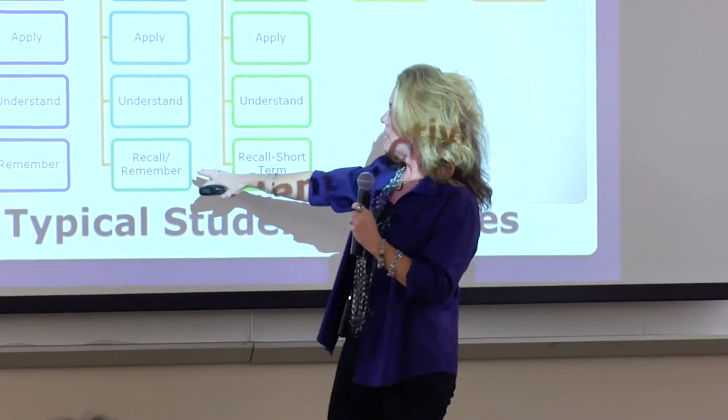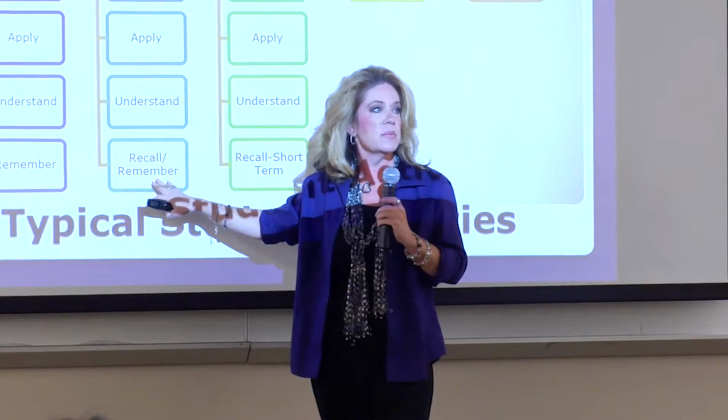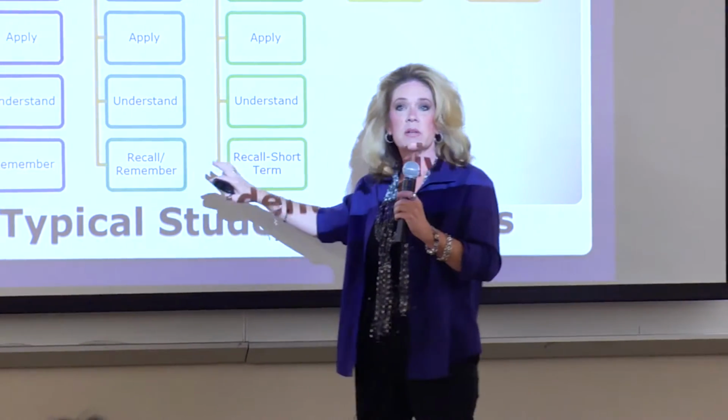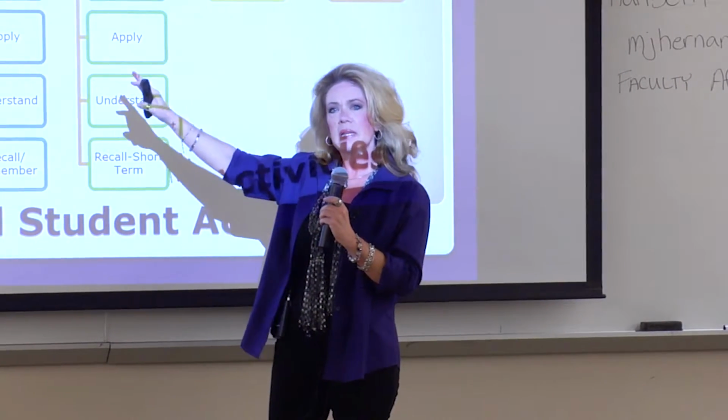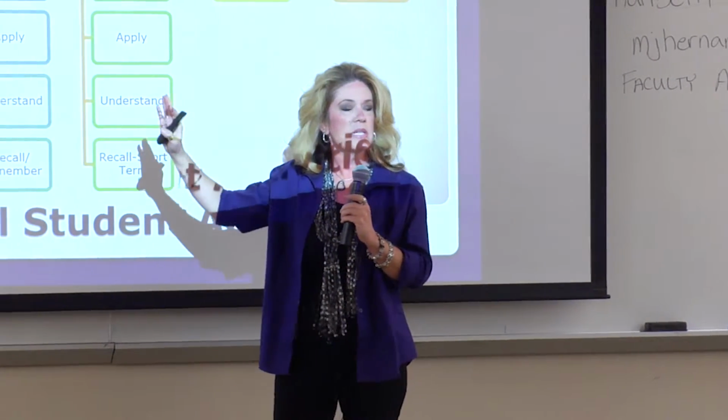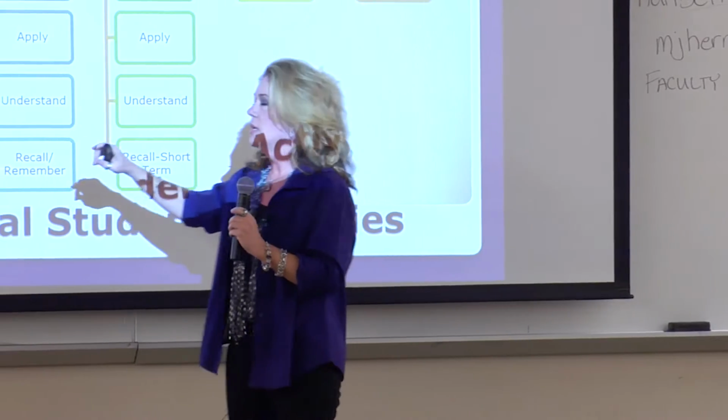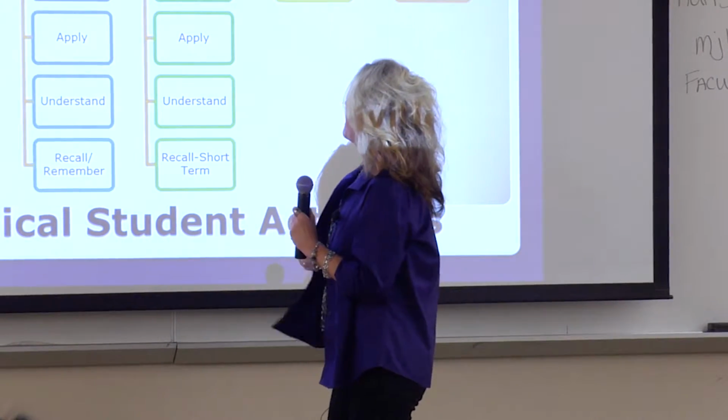Strategically compliant students can recall and sometimes remember the information. They're borderline engaged, but they're also a little bit more aloof, a little bit more distant, maybe doesn't have that emotional connection to the content being delivered.